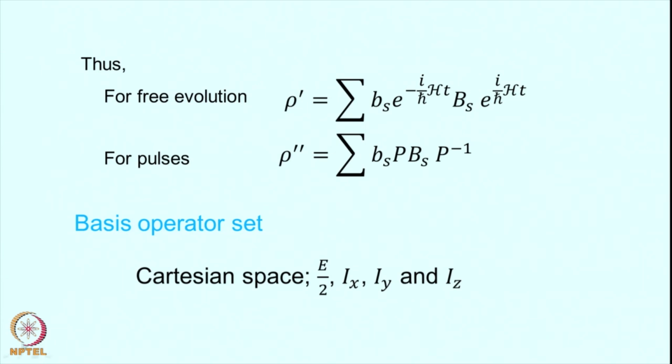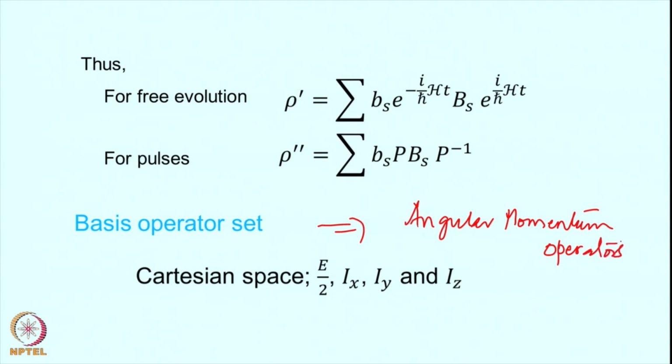This is a very natural choice to make, because your Hamiltonians consist of angular momentum operators. Therefore, it is operationally easier when the basis operators are also expressed in terms of angular momentum operators, which satisfy the condition of completeness, and therefore the calculations also become relatively easy.